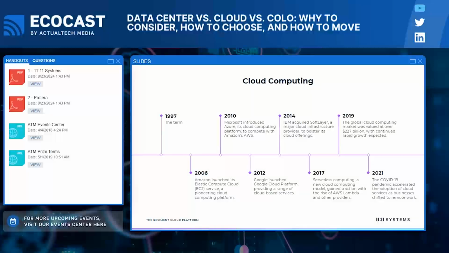And then there's public cloud, right? Choosing public cloud, and that's been an evolution since the early 2000s, can be the optimal decision for many organizations. And again, this depends on the specific need and the business objectives of the organization.